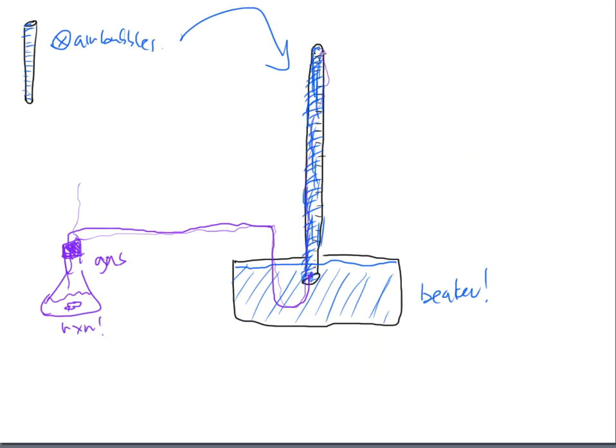So what happens is that my water will eventually be pushed out. And I know that I filled it full. I know I started with the 0 mark, but that gas is going to take up some space. And when it does, that water is going to be pushed out. And when that water is pushed out, there's going to be a point where it will stop and no more will leave the eudiometer.